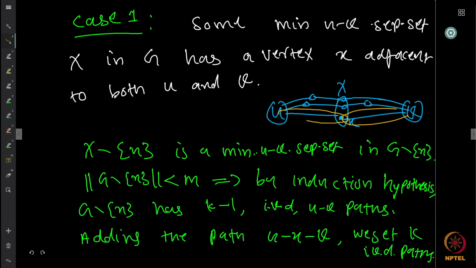So the assumption is that there is some minimum separating set where a vertex in the set is adjacent to both u and v. So there is an edge from u to x and also an edge from x to v.